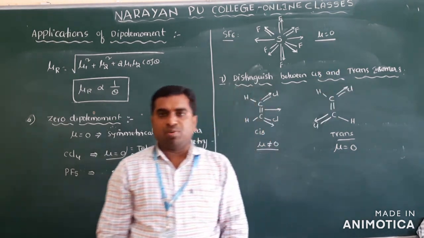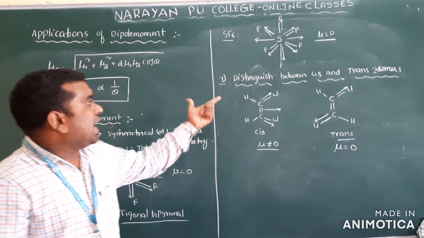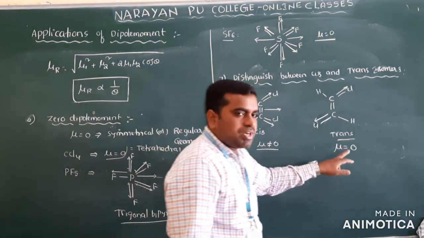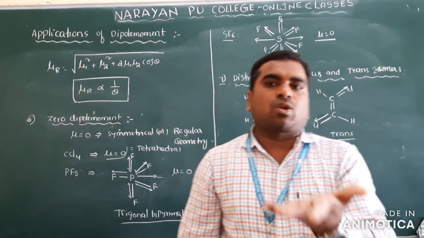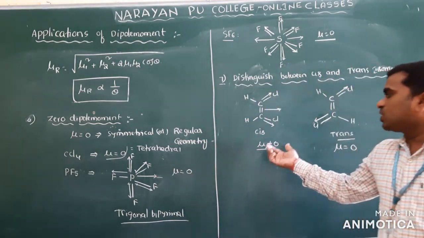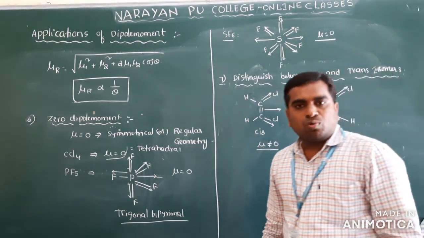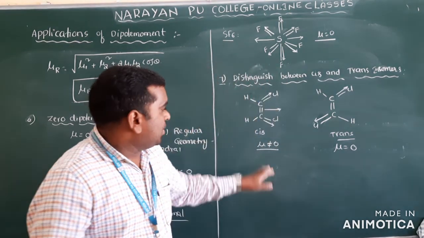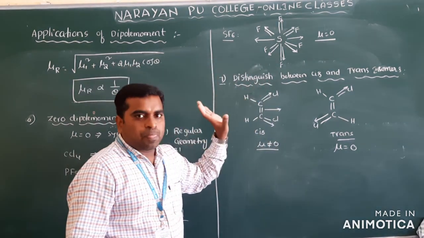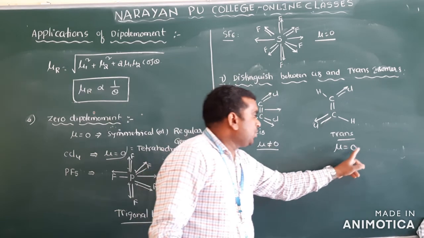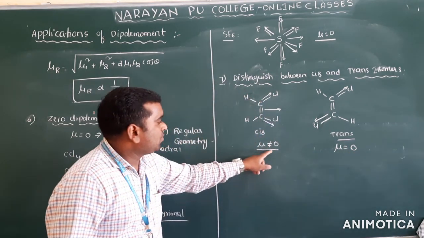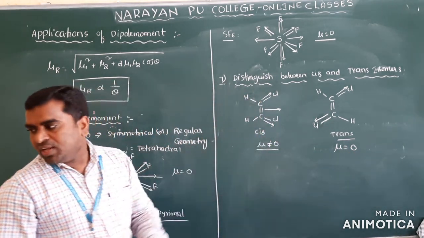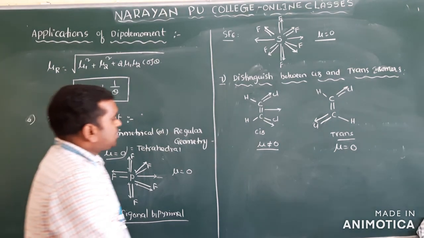So if the dipole moment is 0, we consider the molecule trans. If it is not equal to 0, we consider it cis. Trans means dipole moment 0; cis means dipole moment not equal to 0. This is one concept.